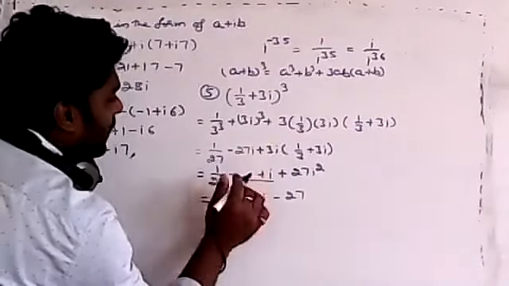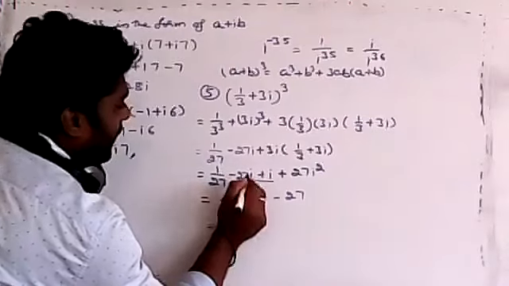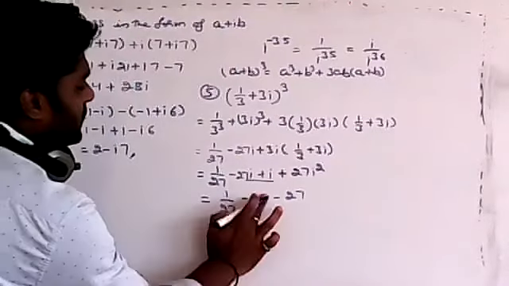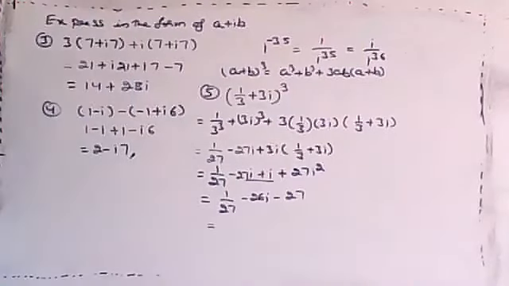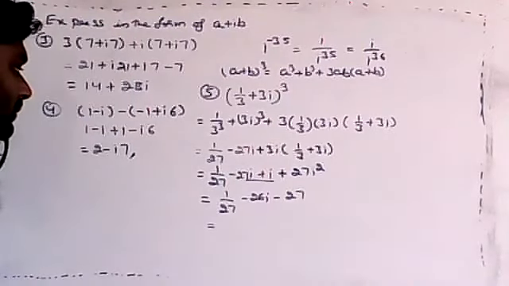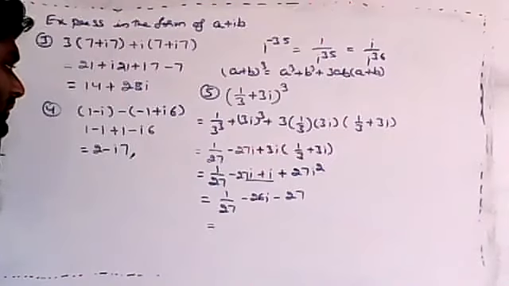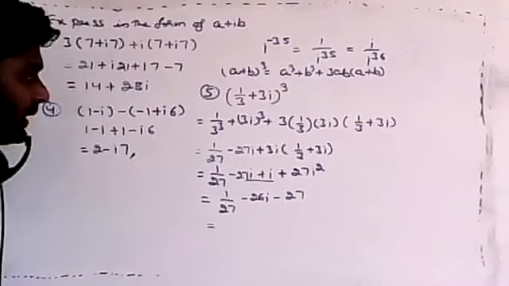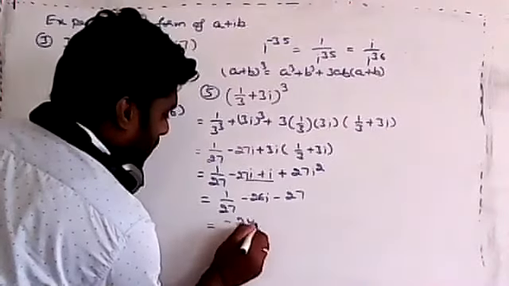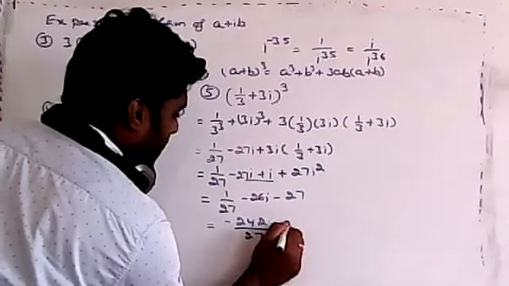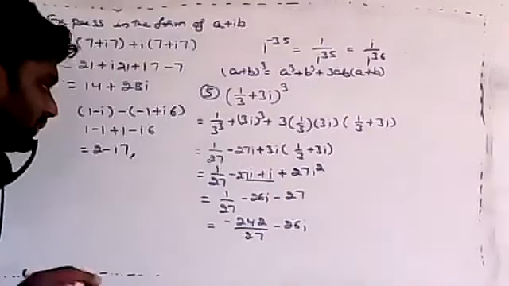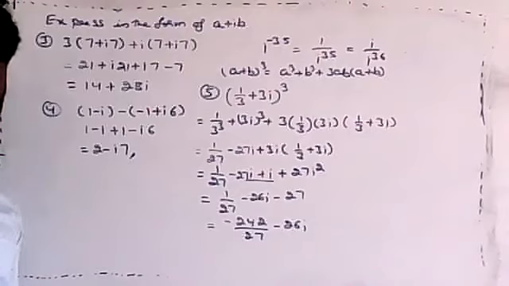So here I'll get 26i, minus 27. Correct, it is minus 242 divided by 27 minus 26i. Just you have to check that one. No, it is not a right answer.